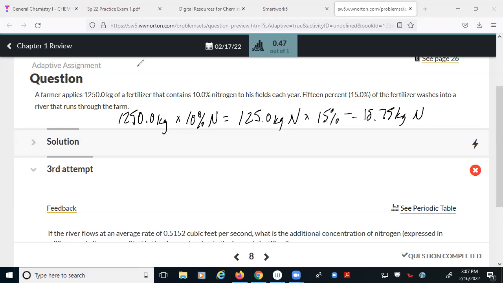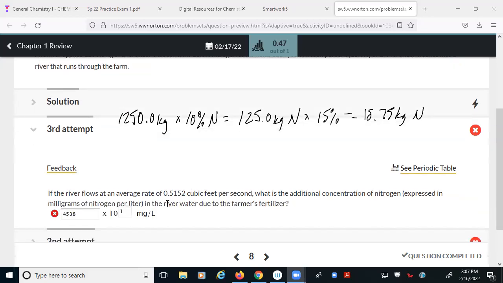Ultimately, the problem wants us to express that in milligrams of nitrogen, so we would need to convert the kilograms to milligrams.